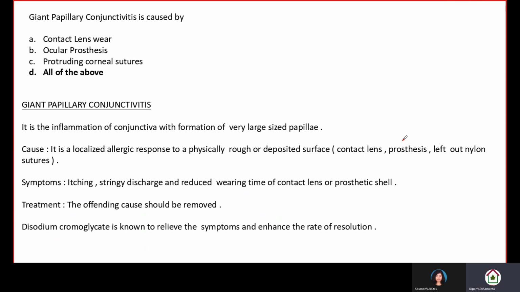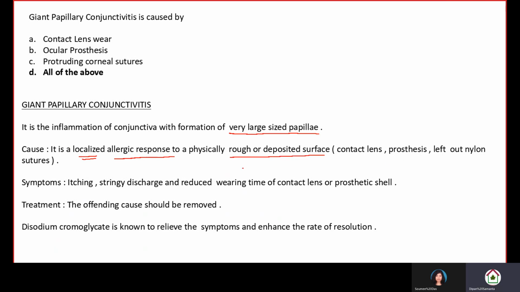It is inflammation of the conjunctiva with formation of very large papillae. It is a localized allergic response to a physically rough or deposited surface.